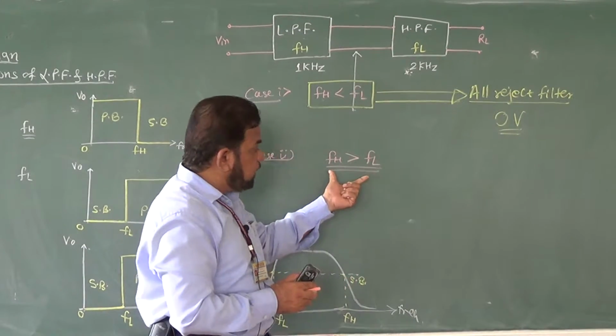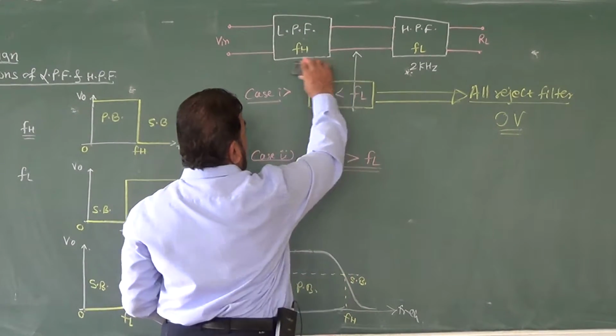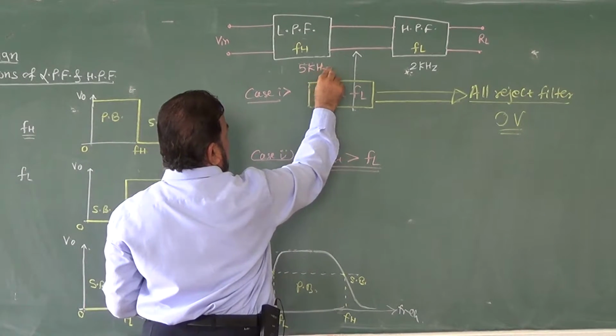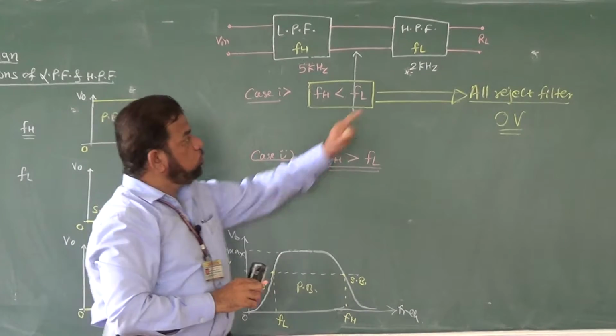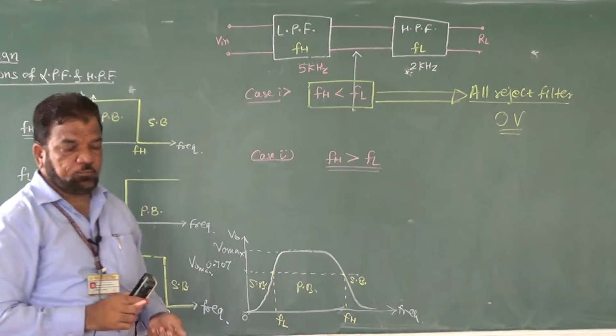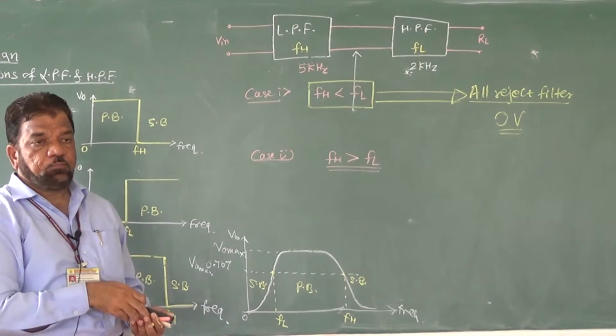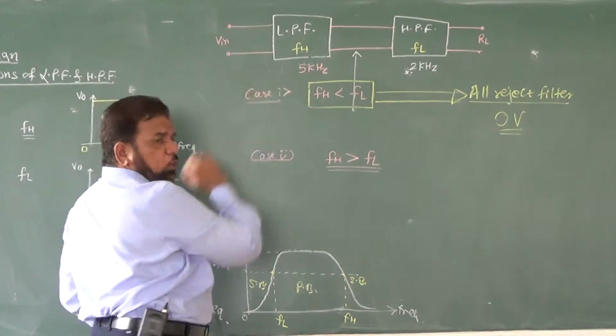So if I change the condition and use 5 kilohertz as FH and 2 kilohertz as FL, what will happen now? The cutoff frequency of the low pass filter is 5 kilohertz.